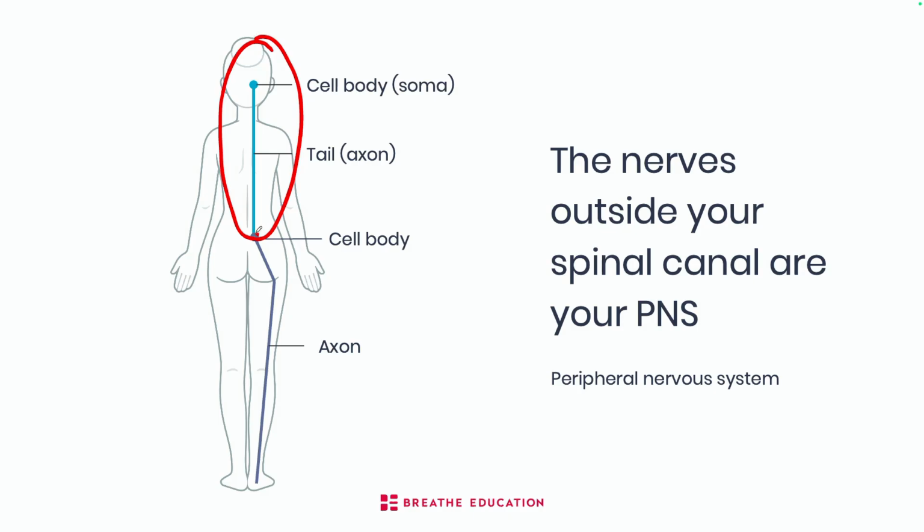All they do is connect to a peripheral nerve, which is just the same as a spinal nerve, but it happens to be outside your spine, which then has an axon that goes to wherever it goes, and that is where the sensory receptors are, or the motor interface with your muscles. Thumbs up if that makes sense, or if not, ask a question. Okay, great.